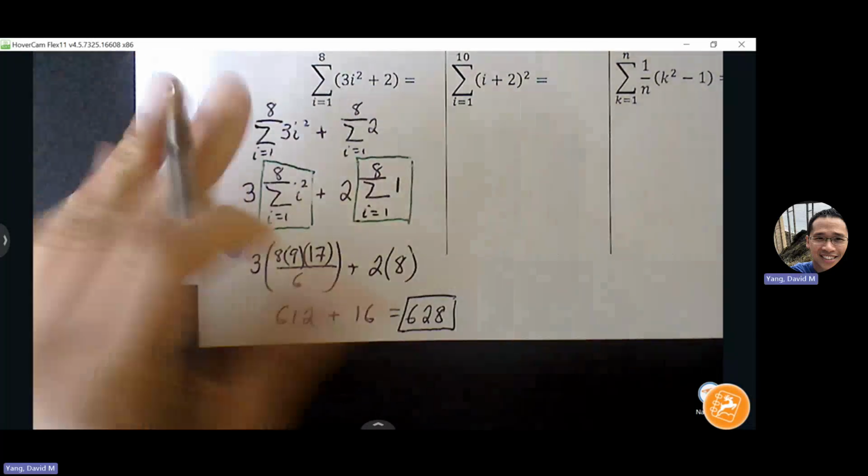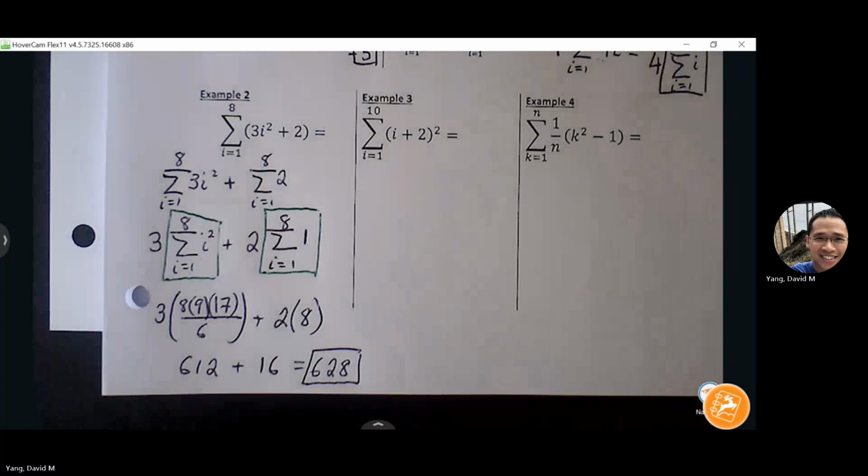They give them to you on the AP exam? Typically, you really don't see these rules on the AP exam.